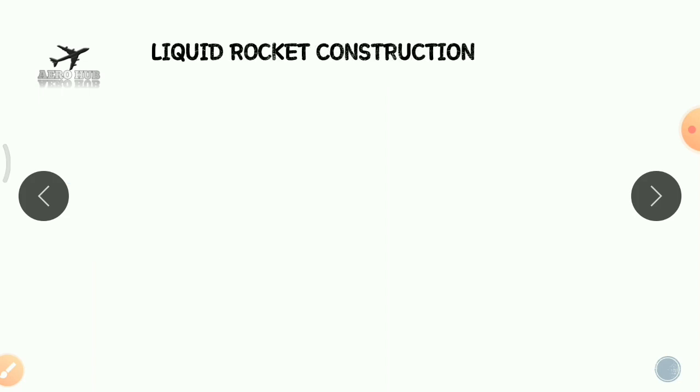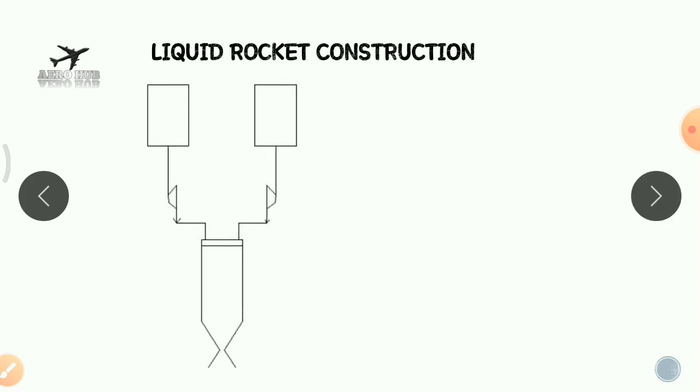Now we will discuss the basic construction of a liquid rocket propulsion system. We will see each part. These two tanks are called propellant tanks.